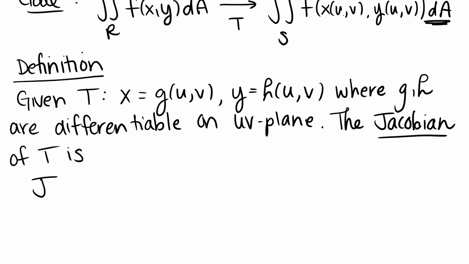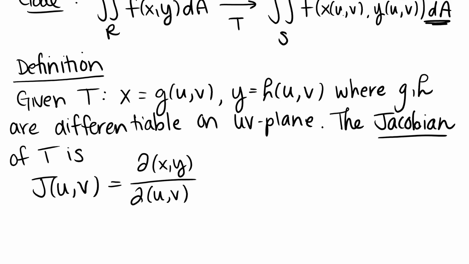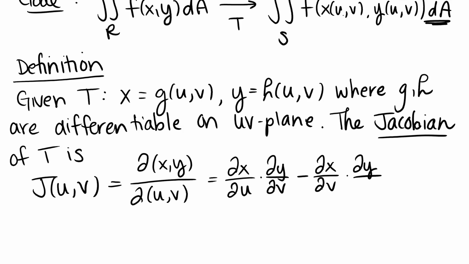So J of u, v is going to be the partial of x, y over the partial of u, v. And what this ends up being is the partial of x over the partial of u times the partial of y over the partial of v, minus the partial of x over the partial of v times the partial of y over the partial of u.